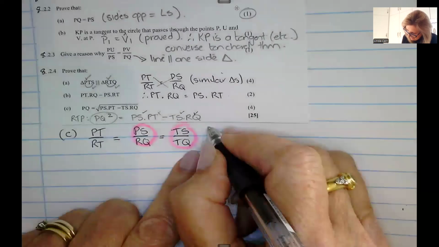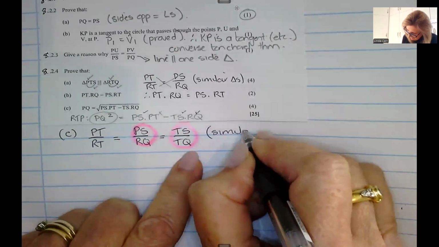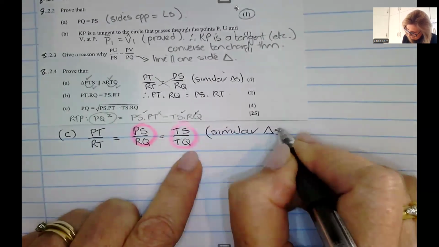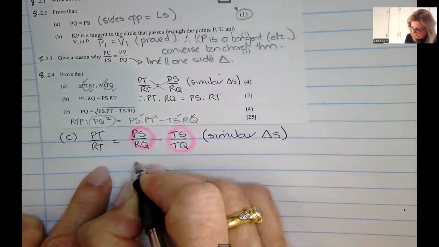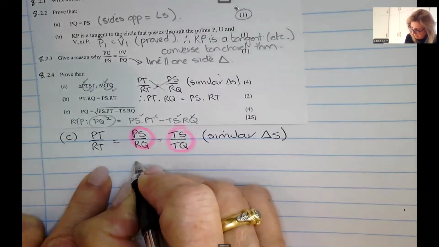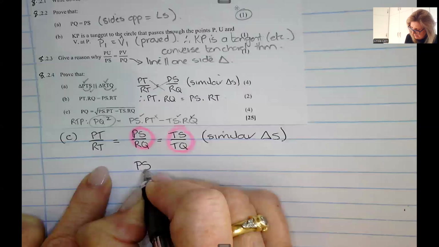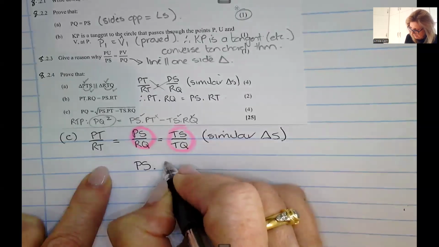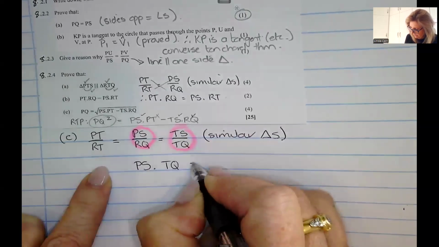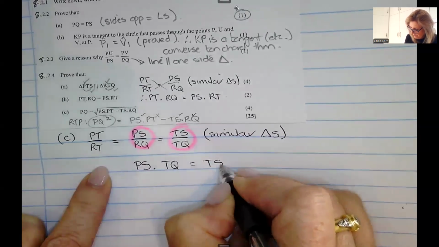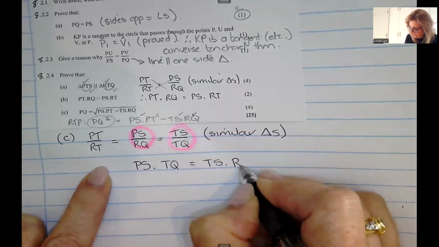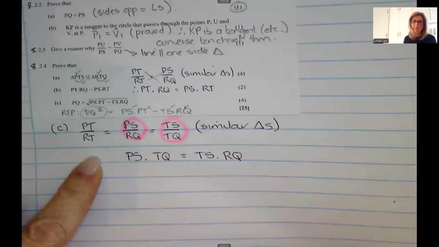Okay, so again, this is because of similar triangles. So I'm going to say PS times TQ is equal to TS times RQ.